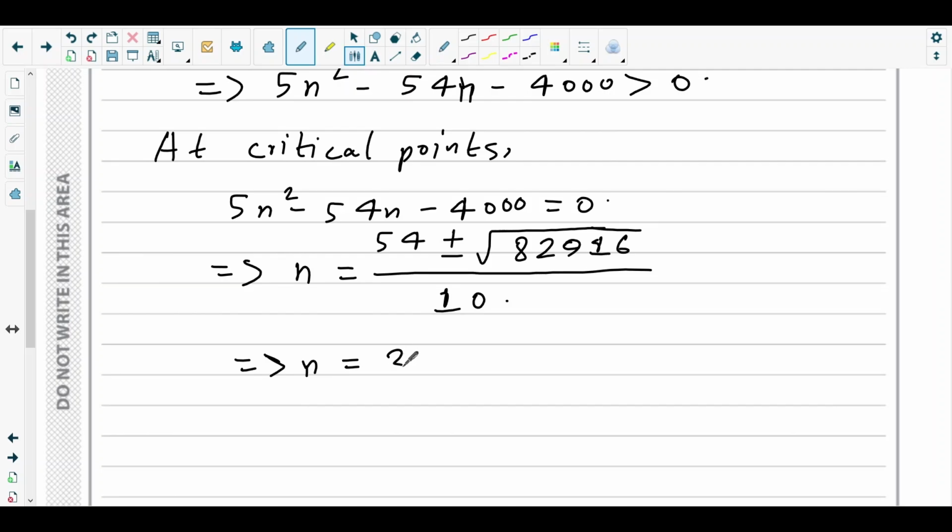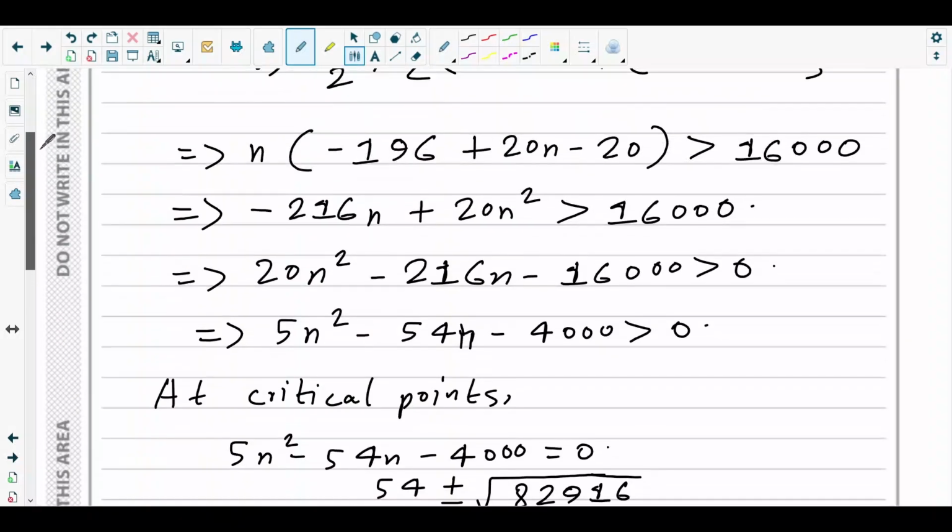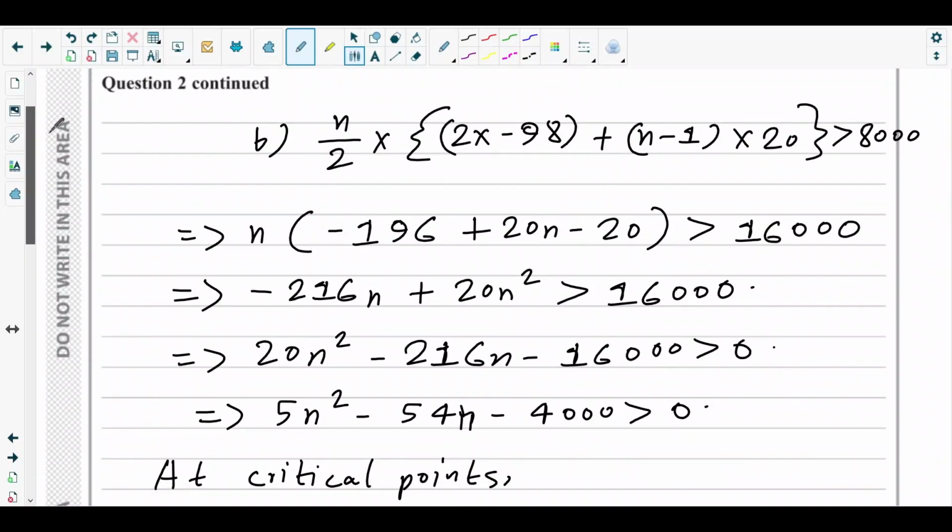So this is 34.195 dot. Okay, or n equals to negative something. So let's ignore the negative one. We don't need to consider it, because n is the number of terms. Number of terms cannot be negative.